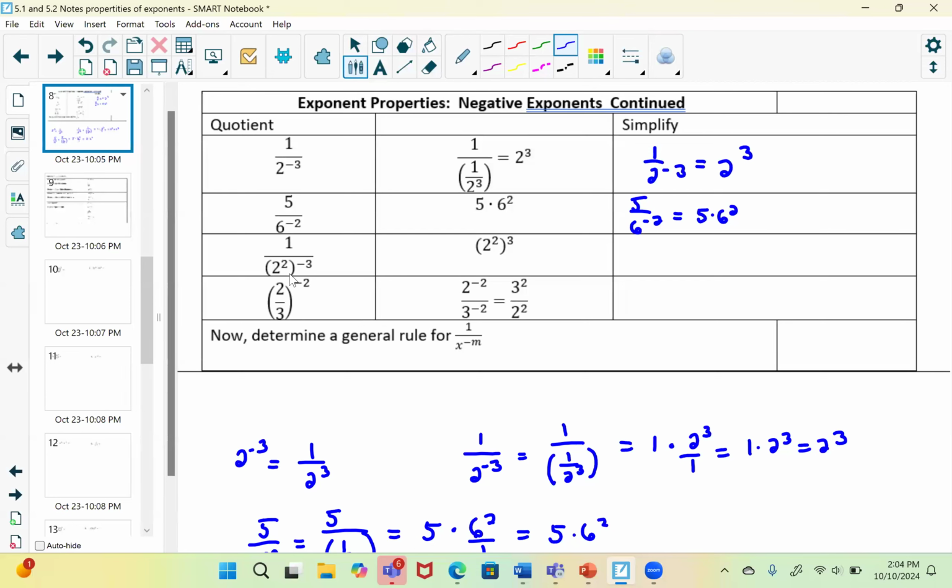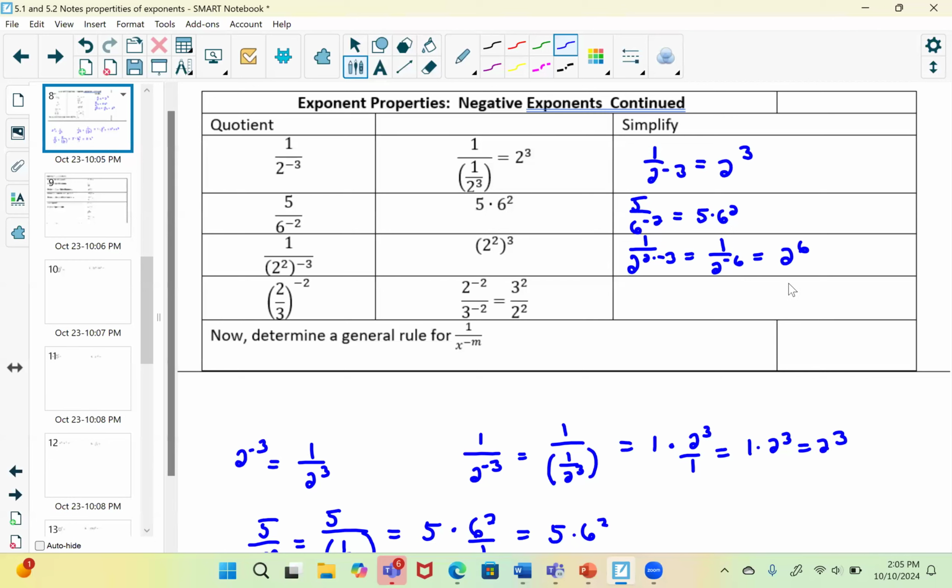Okay, so this is the same idea. I think this one might be easier if we simplify it first. So 1 over 2 squared to the negative 3. We know that if we have an exponent to another exponent, a power to a power, we multiply those exponents. So 2 times negative 3, and I have 1 over 2 to the negative 6. And that is the same thing as 2 to the positive 6.